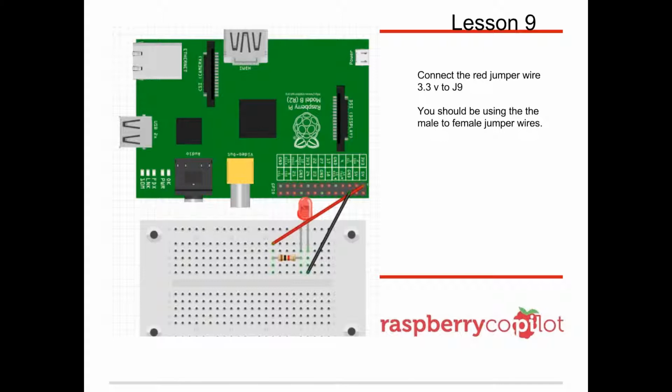All right, so 3.3, looking on the Pi, is pin 1. Did you say 1? I said pin, P-I-N, one. This is so confusing.